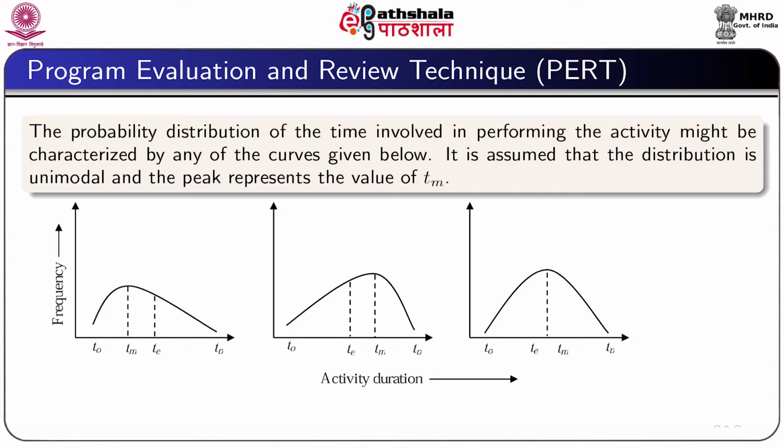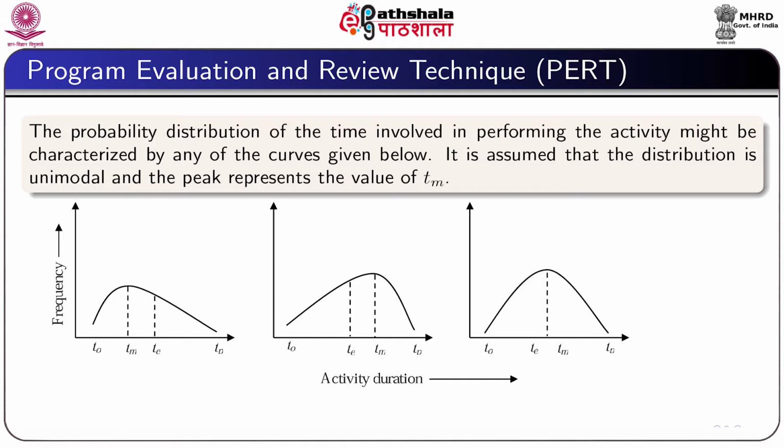The probability distribution of the time involved in performing the activity might be characterized by any of the curves shown in the slide. It is assumed that the distribution is unimodal and the peak of the distribution represents the value of Tm.